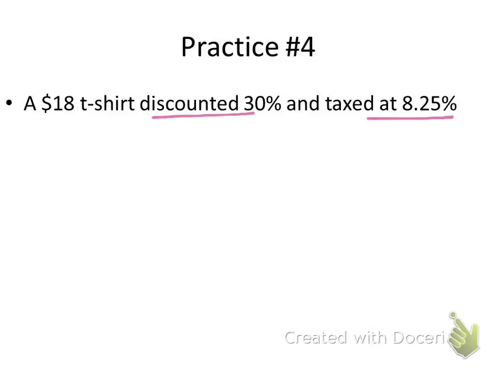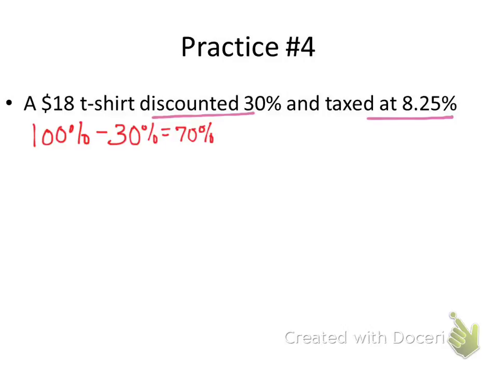I want you to do the first steps 1 through 3 for me, Tanisha. So I want you to do the first percent change for me. 100% minus 30% equals. Keep going, Tanisha. You're doing steps 1 through 3. 70. Okay.